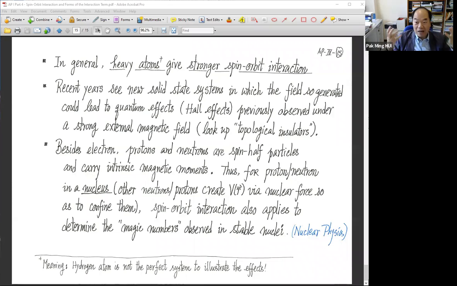There are works like that. And in order to explain these magic numbers, it turns out that the spin-orbit interaction, but now not for electrons, but for protons and neutrons, is a crucial component in the theory. And that theory won the Nobel Prize, I think in the 1960s.